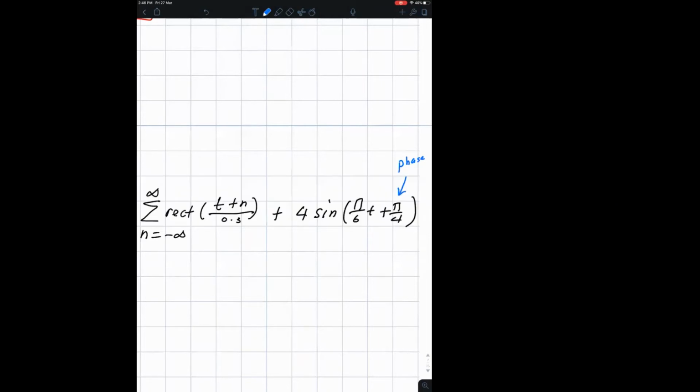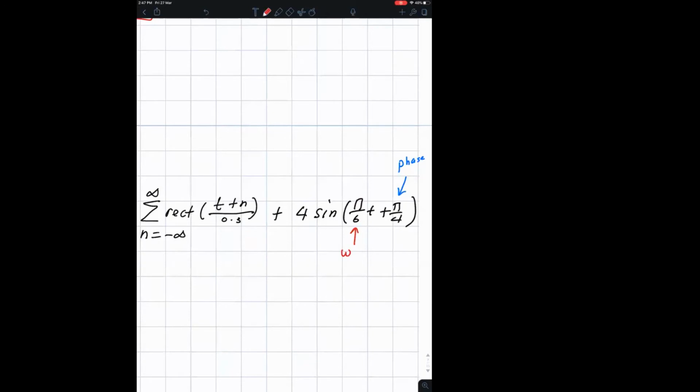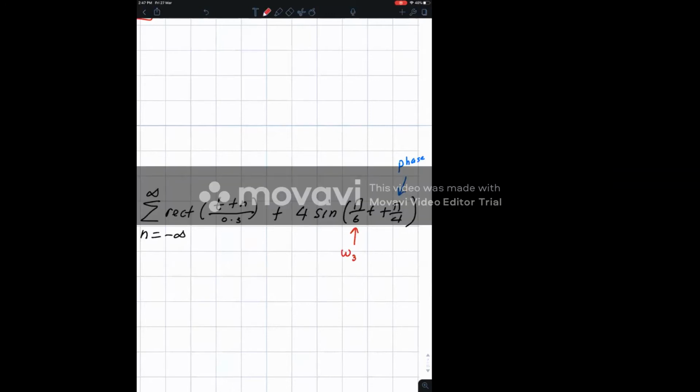So from the first term and the last term, we know the frequency, no problem, right? For example, T1 is 2 pi over 3 pi, straightforward sinusoid.